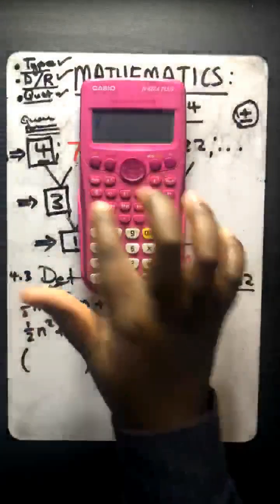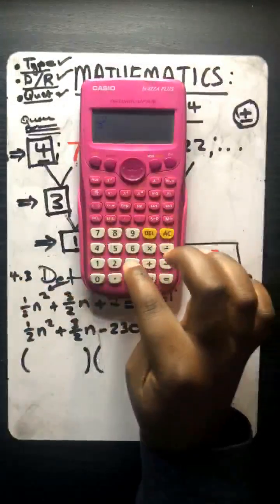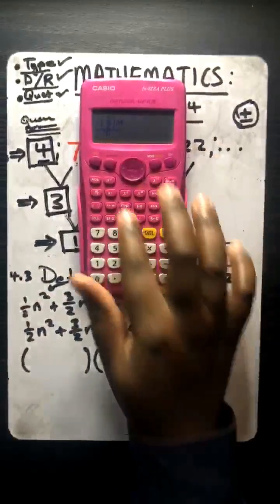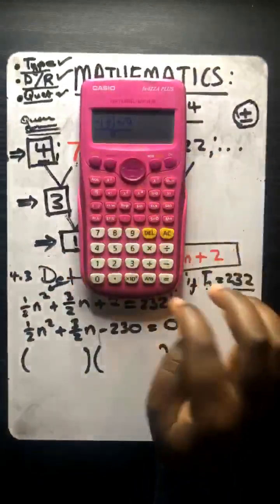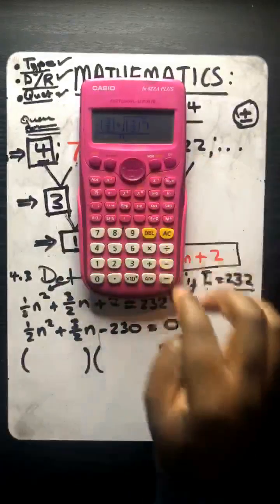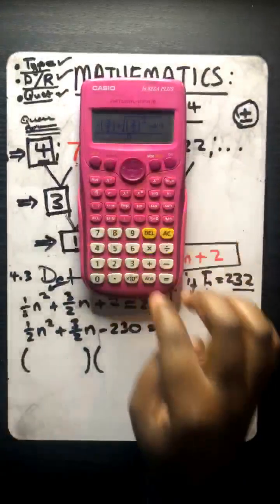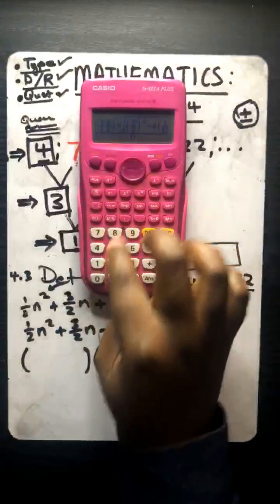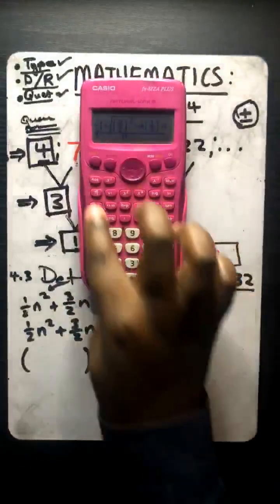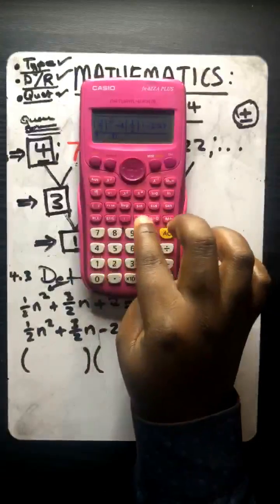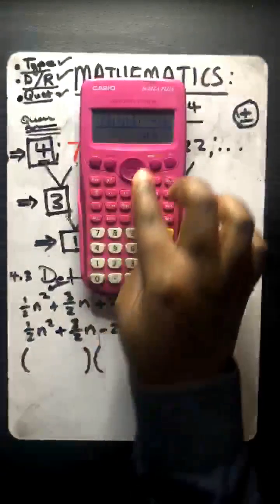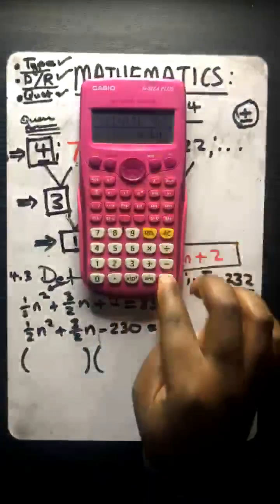You say negative b, I open a bracket, I say 3 over 2, I close. Then plus, square root, open a bracket, 3 over 2, I square that and say minus 4 times 1 over 2, times negative 230. Close. I go to the bottom and say 2 times 1 over 2. I close. It's equals to.